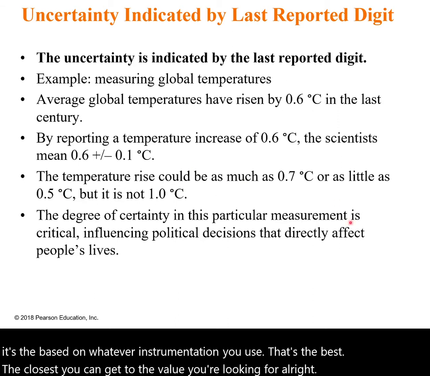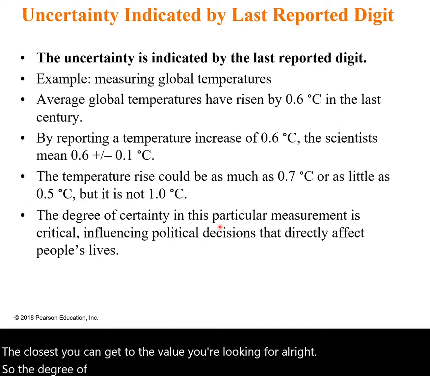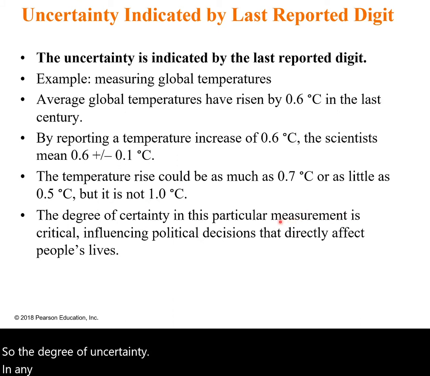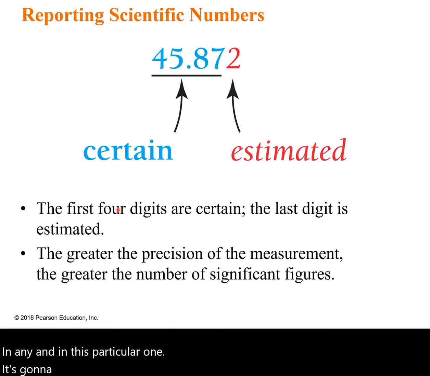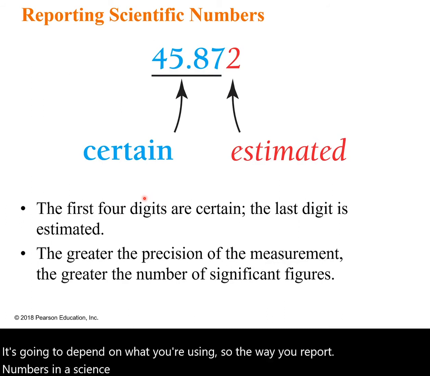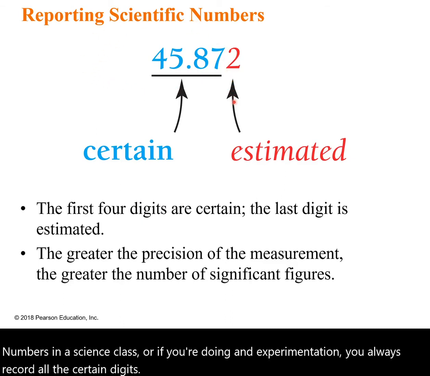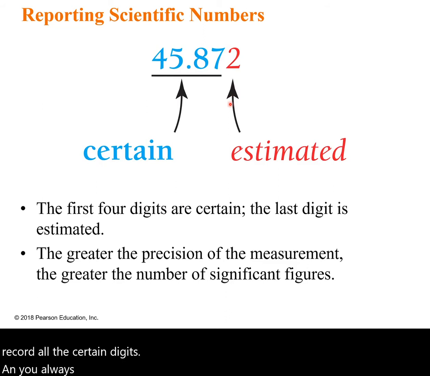All right? So the degree of uncertainty in any measurement, and in this particular one, is going to depend on what you're using. So the way you report numbers in a science class, or if you're doing an experiment, you always record all the certain digits and you always add an estimated digit at the end.